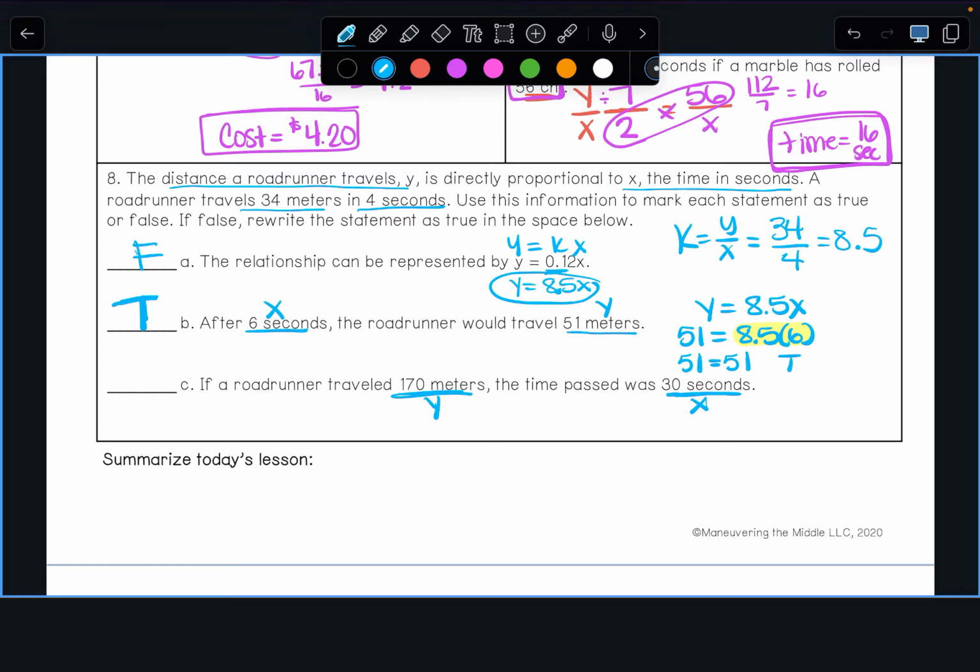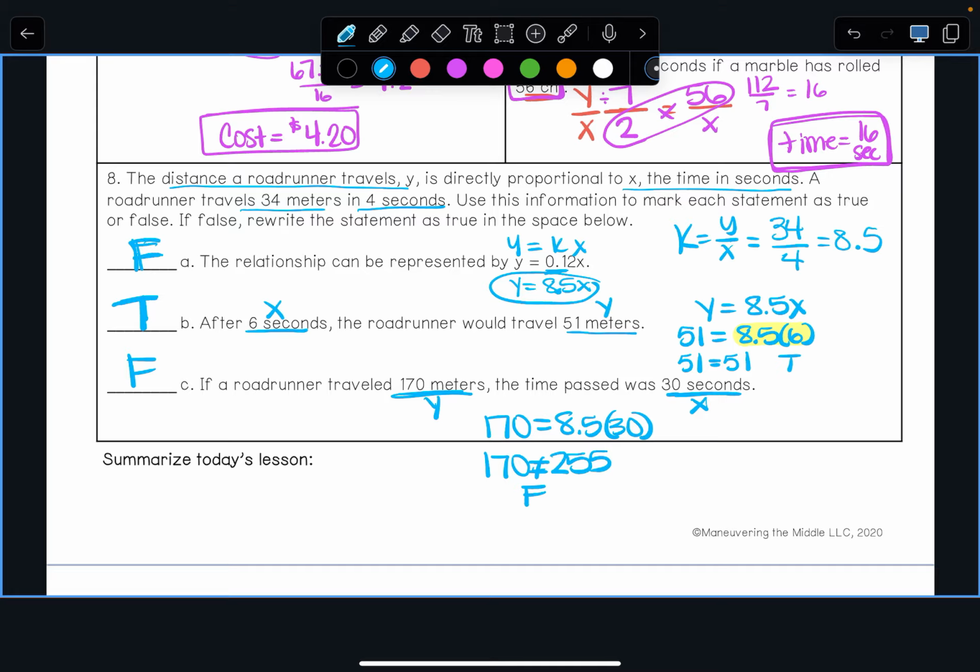When we plug this in, my y value, 170 equals 8.5 times 30. 8.5 times 30 gives me 255. This is false. This is not a true statement.